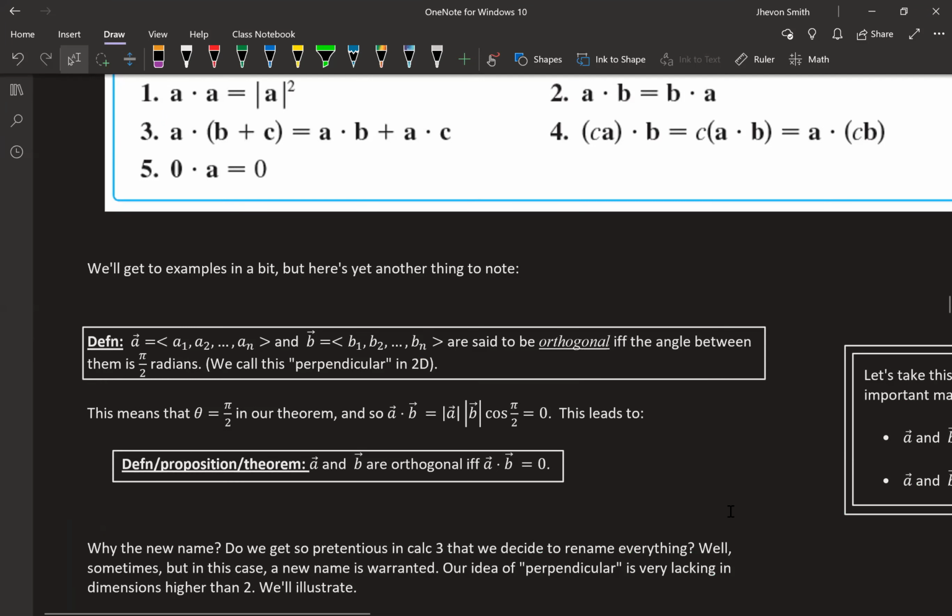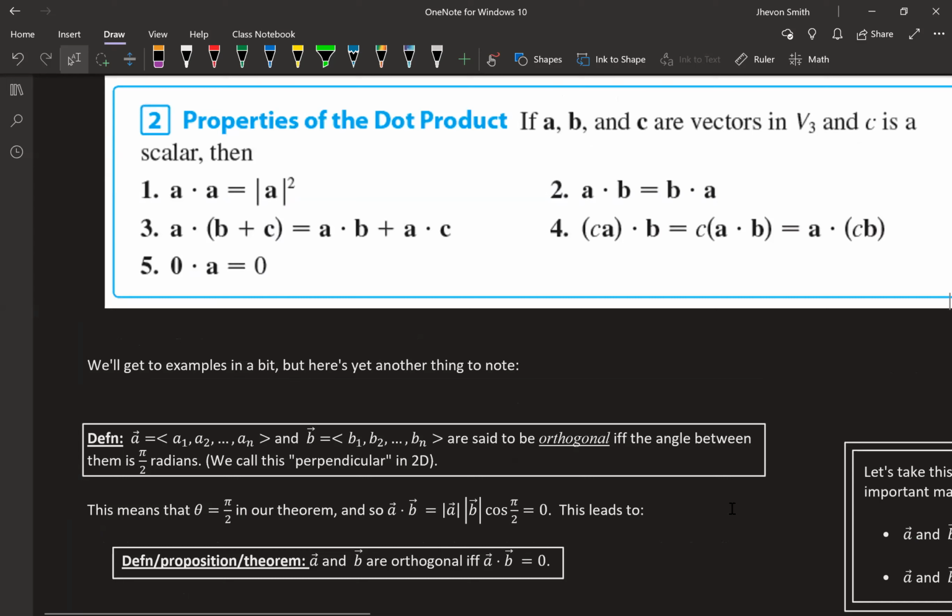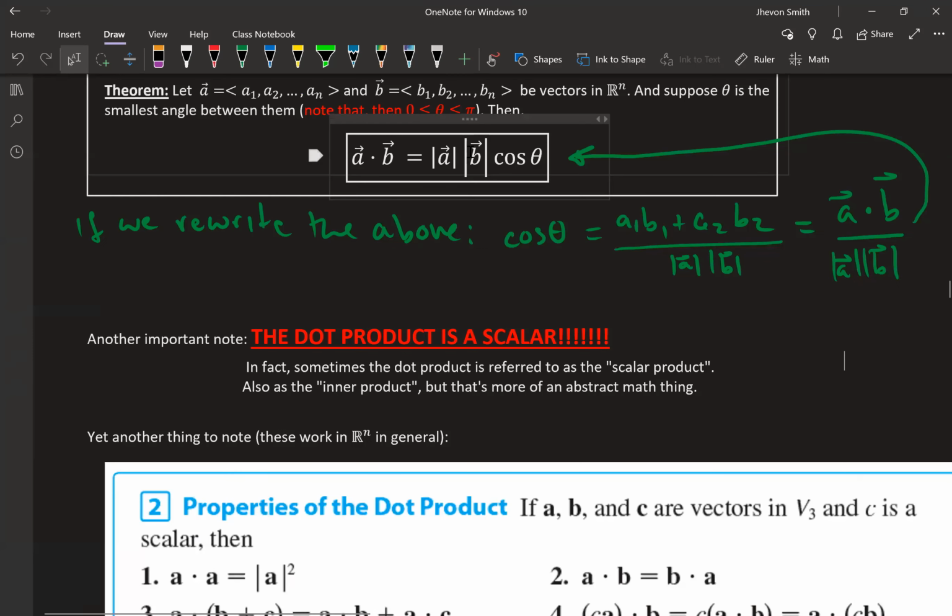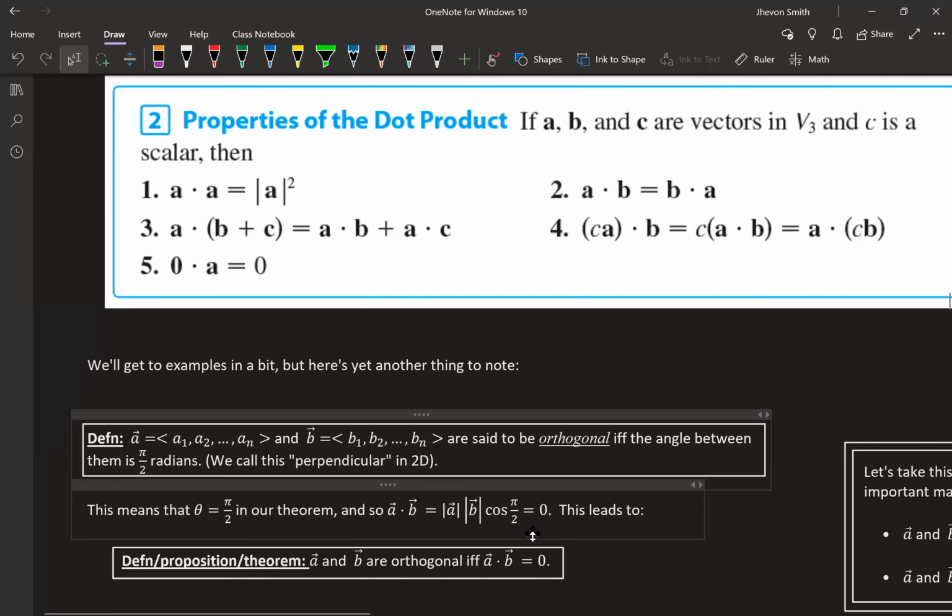Here's another thing that's important, and this would have helped you in the quiz, right? So if A and B are vectors like this, they're said to be orthogonal if the angle between them is pi over 2 radians, right? So this is perpendicular in 2D. That's what I mentioned earlier. Now, if your theta is pi over 2, and I plug that into this equation that I just gave you here, that means you would get magnitude of A dot B is the magnitude of A, magnitude of B, cosine of pi over 2.